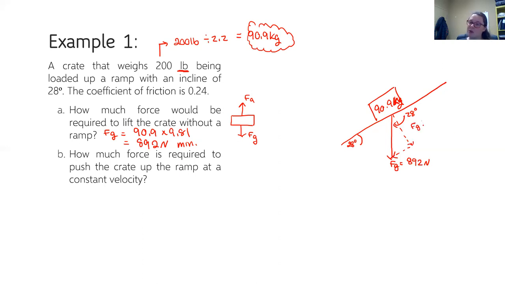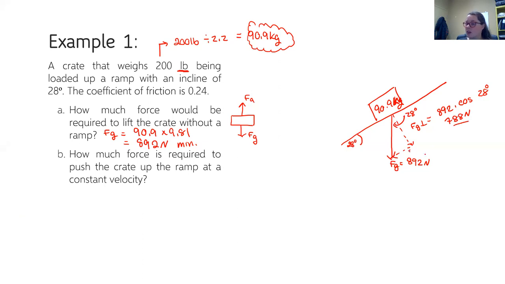So Fg perpendicular is going to be equal to 892 times the cosine of 28 degrees. Putting that into your calculator, you should find that you get a value equal to 788 newtons.